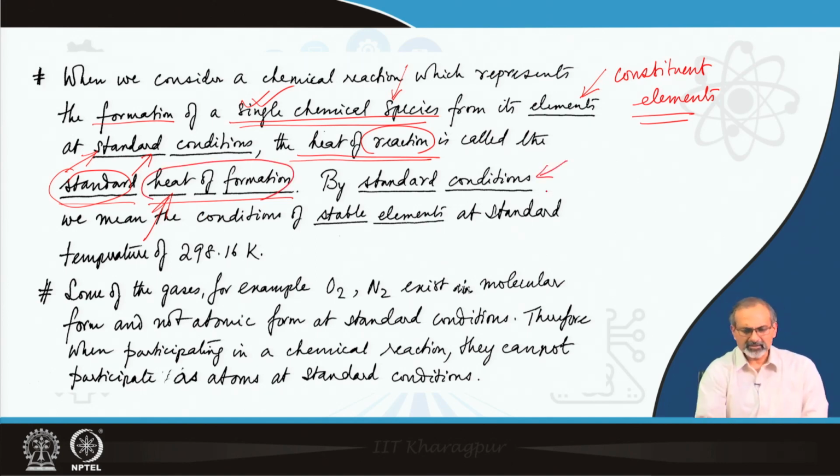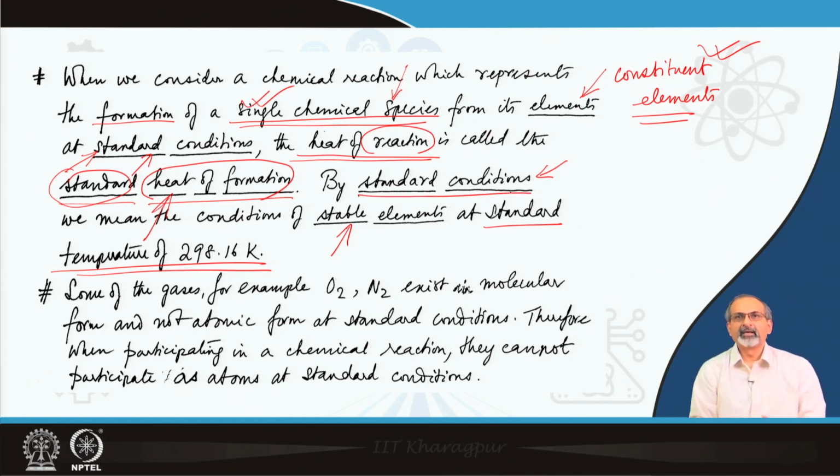By standard conditions, we mean conditions of stable elements which are the constituent elements at standard temperature of 298.16 Kelvin. That is what we mean by standard conditions. So, there are two aspects. One is that the constituent elements which exist in their stable form under 298.16 Kelvin temperature have to be considered, and the reference temperature happens to be 298.16 Kelvin when you do the calculations.